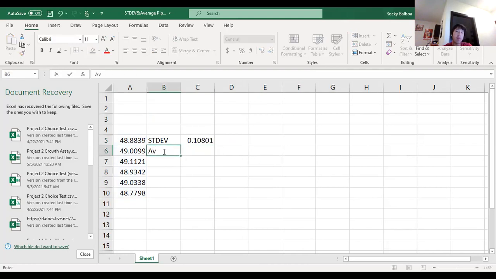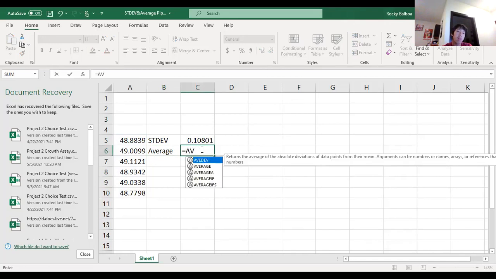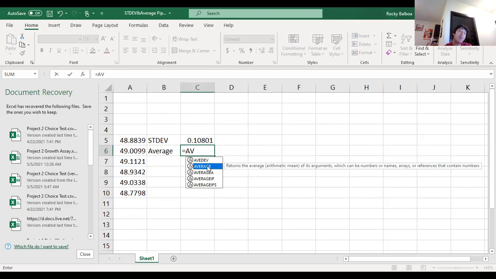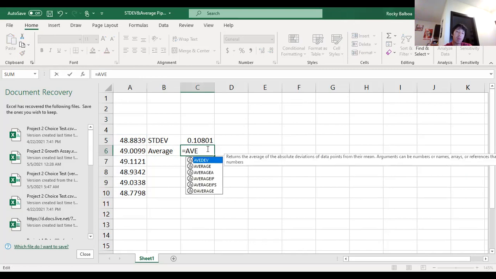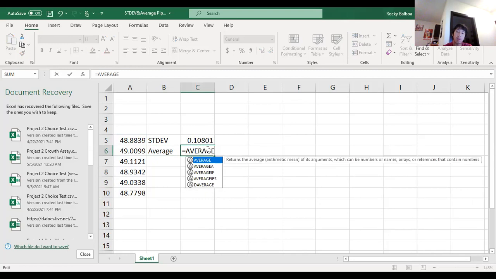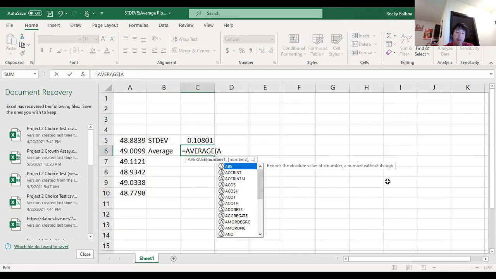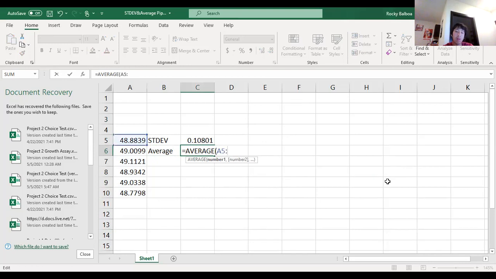Then average, equals average, same sort of thing as the standard deviation formula, A5 colon A10.